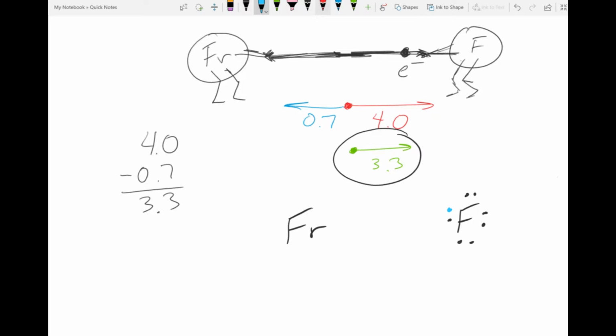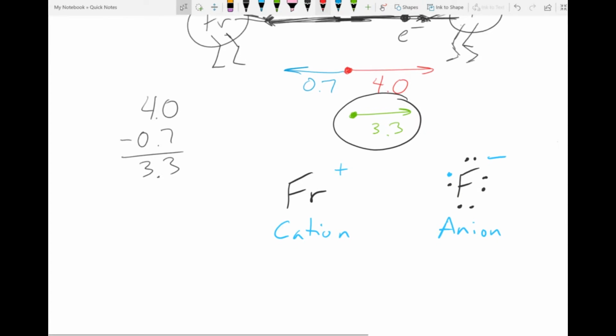And so when this happens, francium loses its electron. It becomes a positive charge. It becomes a cation. Meanwhile, on the other side, fluorine gains a negative charge. It becomes an anion. We've made ions. We made a positive and a negative charge.